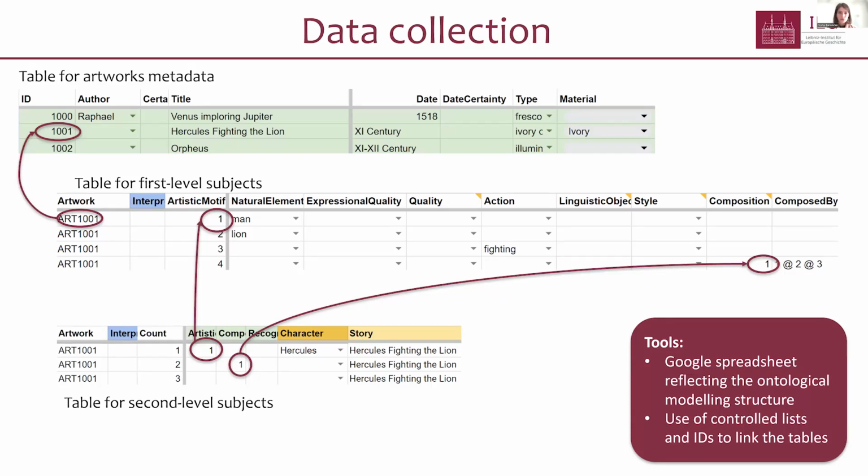And here I just wanted to show you how these tables were organized. So there are several tables, each focusing on a specific topic. And in the first part, you see the table for artworks metadata. Every artwork has an ID, which is recalled in the other tables to connect the interpretations of each level to the artwork.